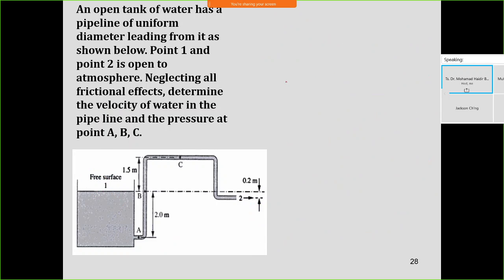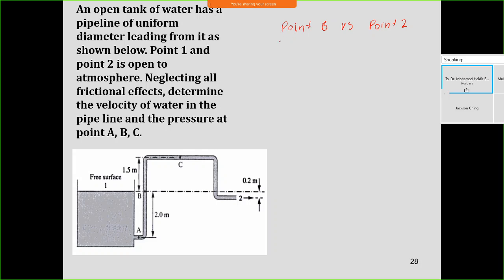For point B, you can compare between point B and point A, point B and point 2, or anything. So in case you want to compare point B versus point 2, this is up to you. You can compare point 1 and point B, or point B and point 2.